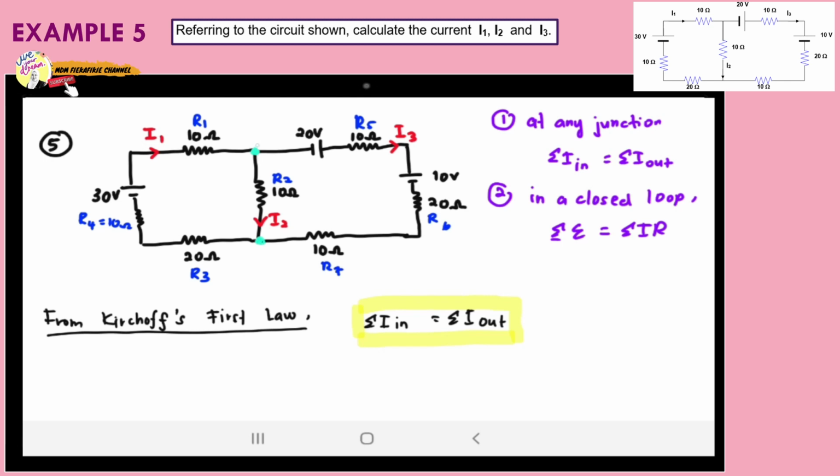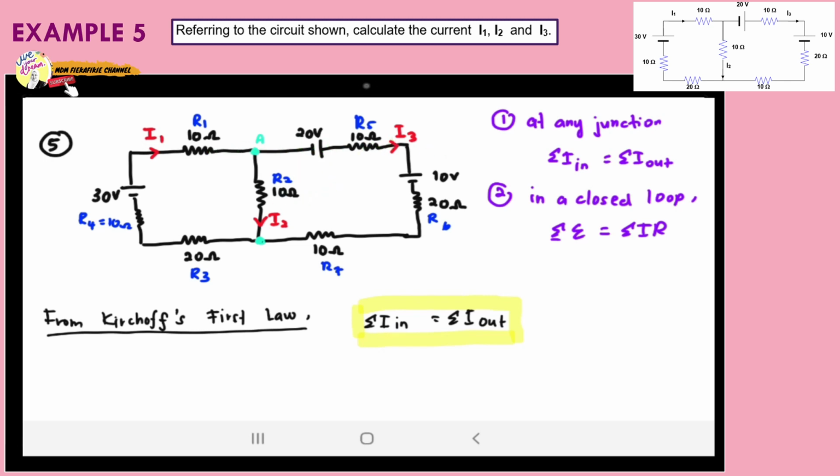Let's say I choose junction A as my reference. Look at junction A. You can see here, I1 will flow into the junction. But I2 and I3, you look at here, the flow of current of I2 and I3 are out from the junction.